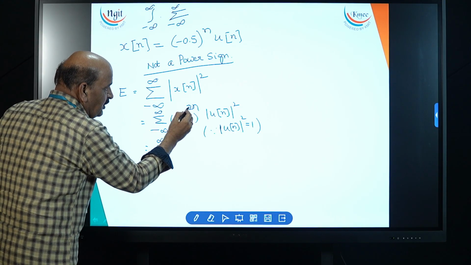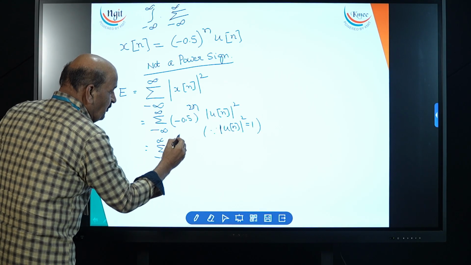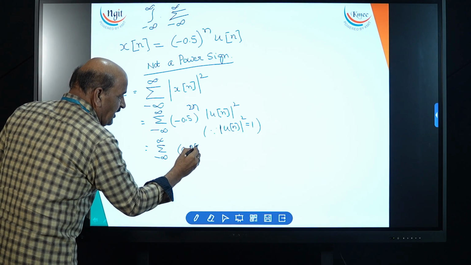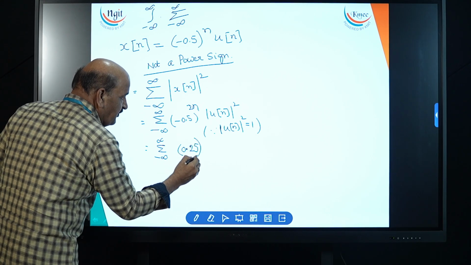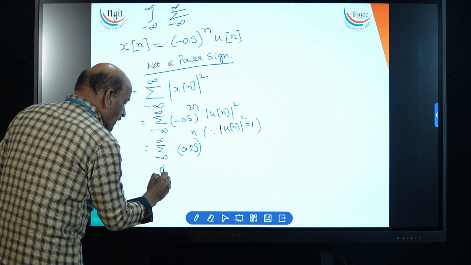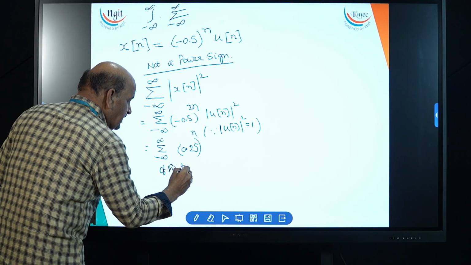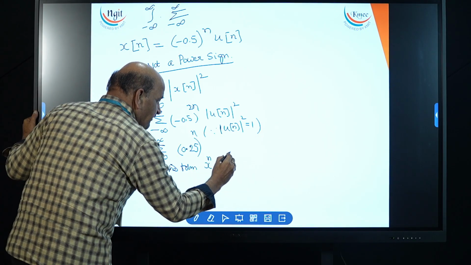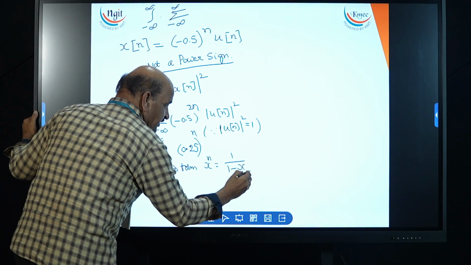Squaring minus 0.5 gives 0.25, so we have the summation of 0.25 whole power n. It is of the form x power n, and the summation of x power n equals 1 by 1 minus x in algebra.